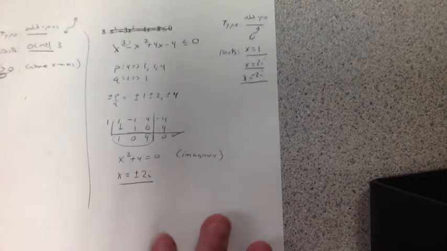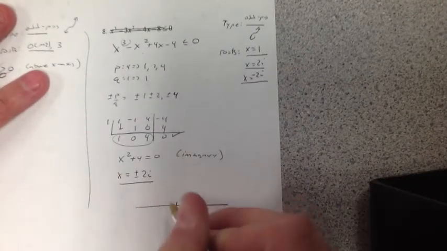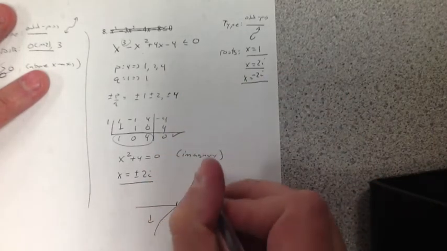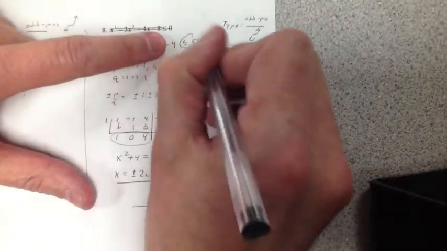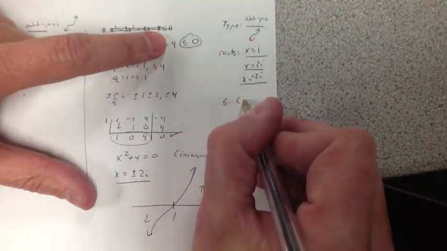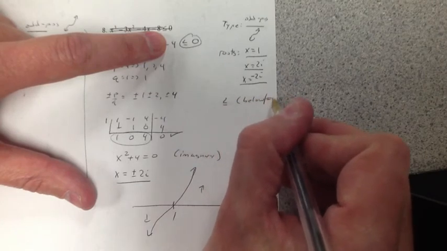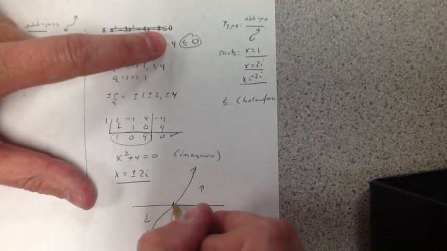If I try graphing my polynomial, it only has the one root at 1. Because it's odd positive, negative to positive, that's what it's going to look like. But be careful, this time I want less than or equal to 0, so I want it below or equal to 0. And I can include it this time.